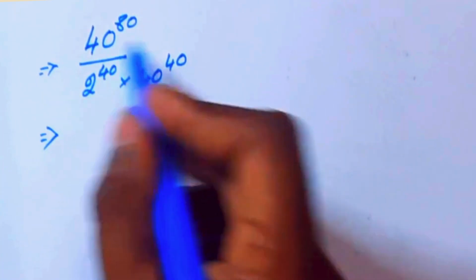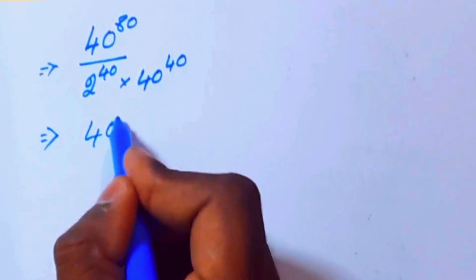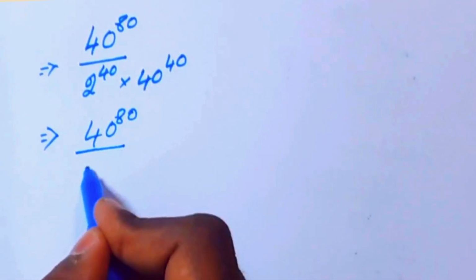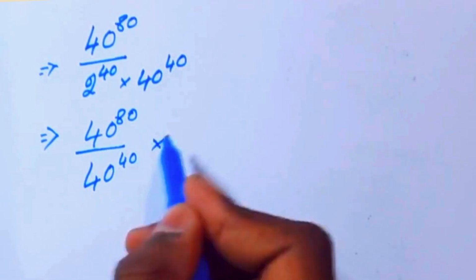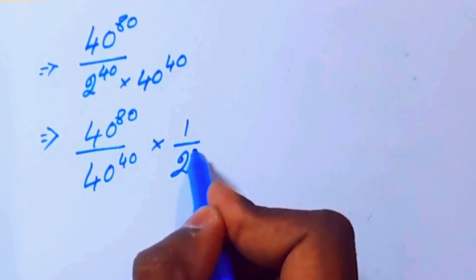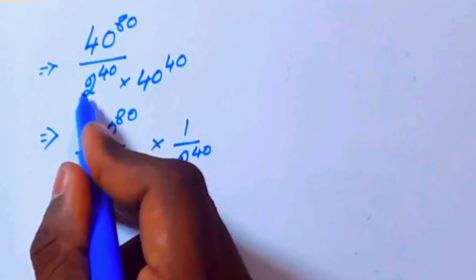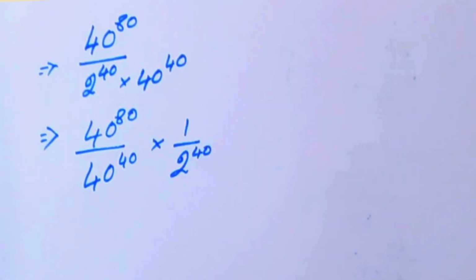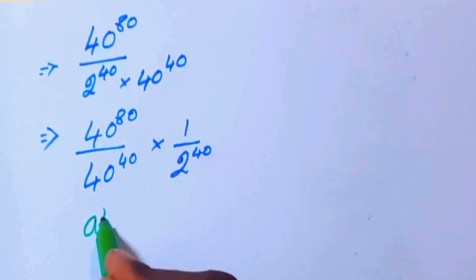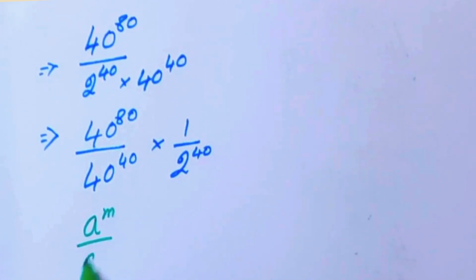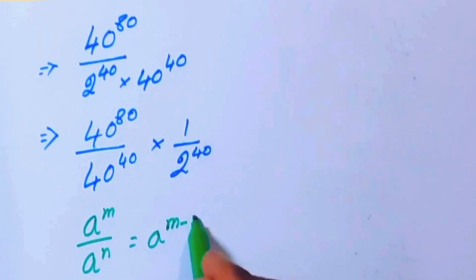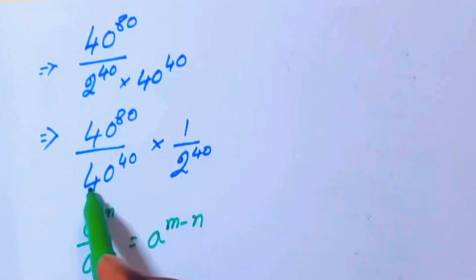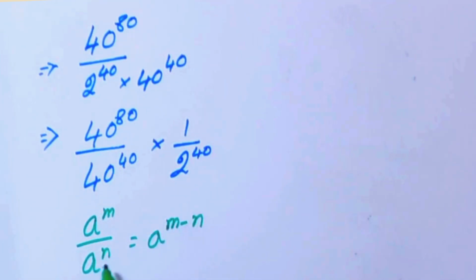Now this can be interchanged: 40^80 by 40^40 times (1 by 2)^40. Now we change this using a^m by a^n equal to a^(m-n). Since the bases are the same and the powers are different, we implement this.